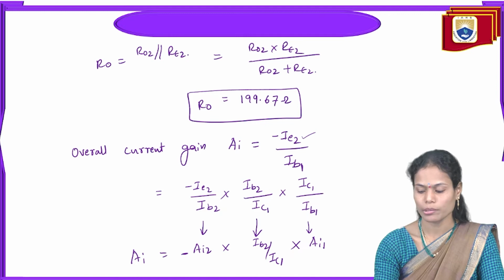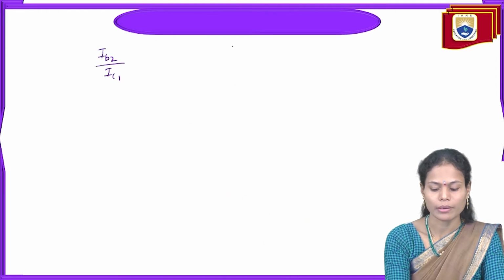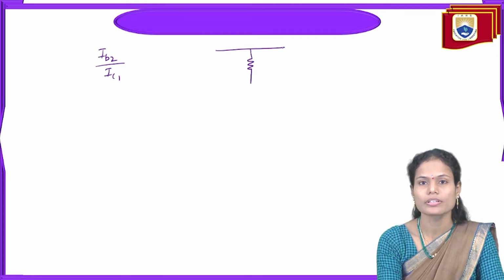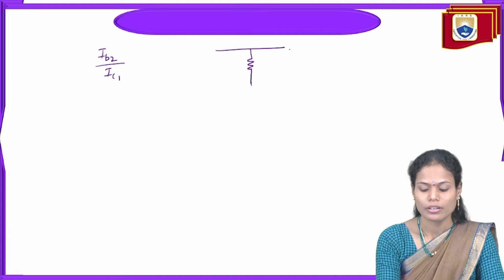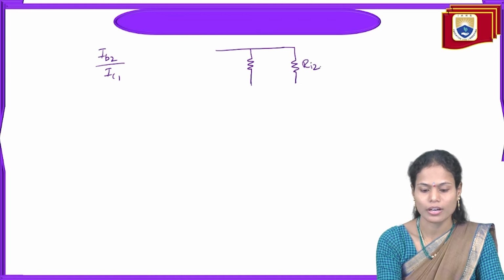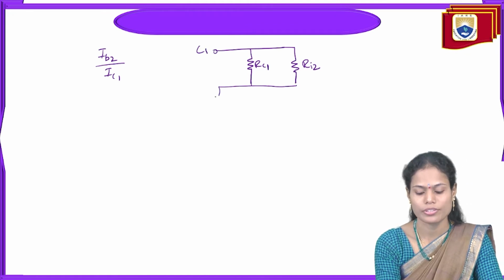So to find the IB2 by IC1 value, I am taking the resistances present at the input of the second stage and the output of the first stage, RA2 and RC1. So here it is the collector terminal of the first stage.